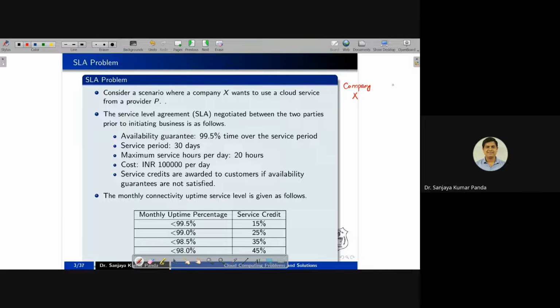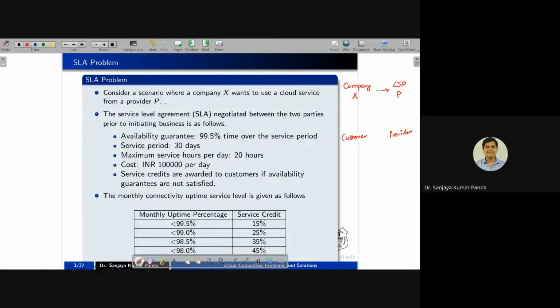The client makes a request to the cloud service provider P for getting some service. So this end is considered as a customer end. This end is considered as a provider end. So X is a customer, P is a provider. And X makes a request to the provider P.